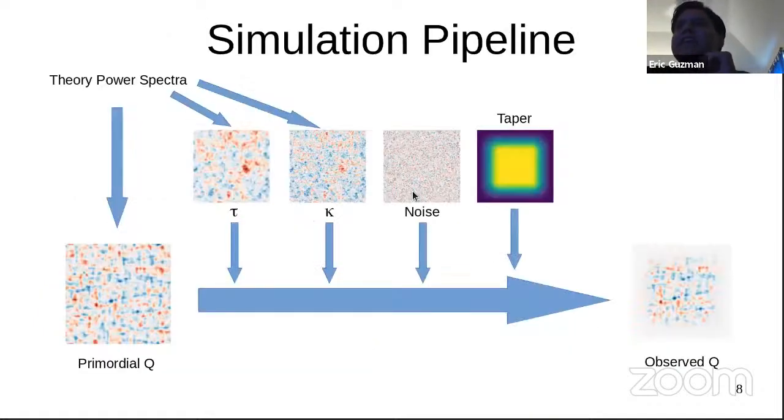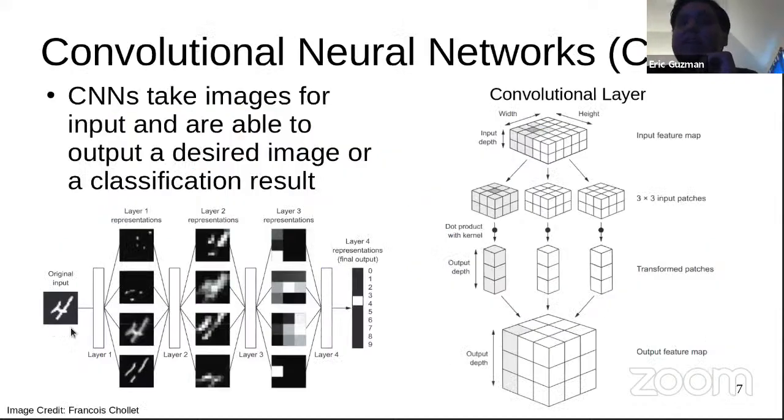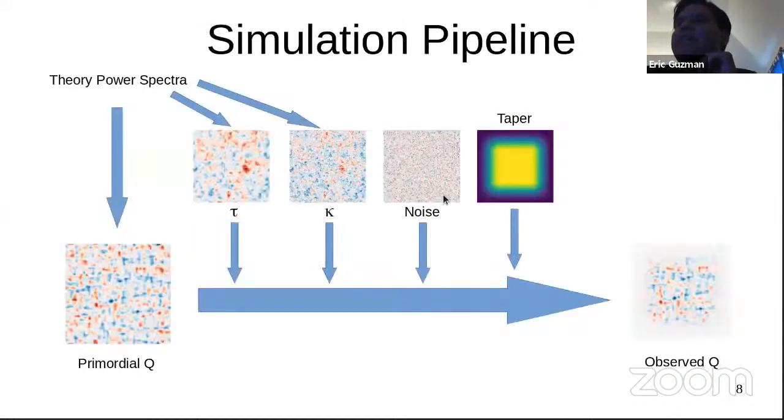Just like this example where we have to input something, our input here, what we're going to be making our estimates from, are observations of the Q and U polarization of the CMB. The simulation pipeline to create these observations is: we take theory spectra and make a Gaussian realization of the primordial Q, which has no effects on it.